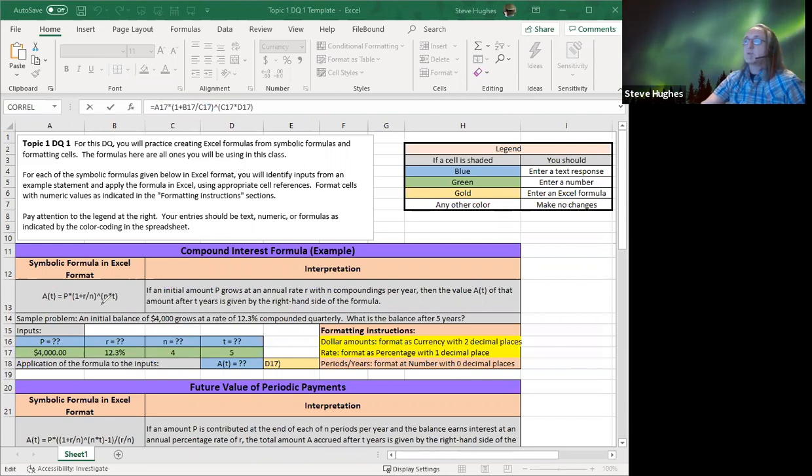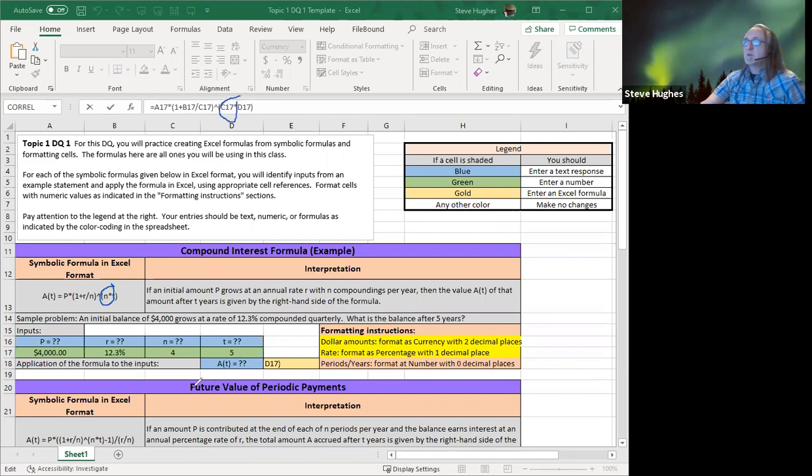Next, my formula said the caret key right here. That's on your keyboard, Shift 6. You can see that in my formula right here, Shift 6. Keep going. Next it says open parentheses, I open parentheses. Next it says N right there, and in place of N, I put C17.